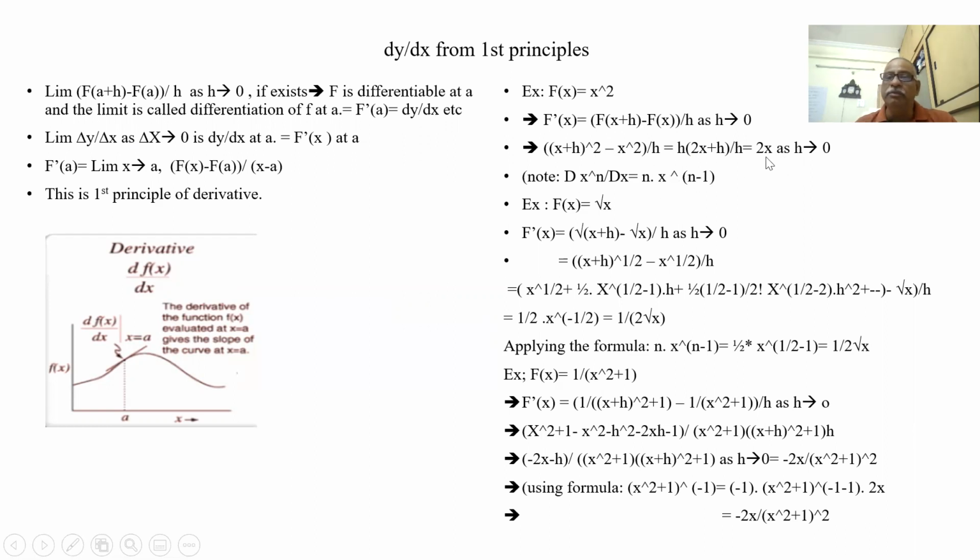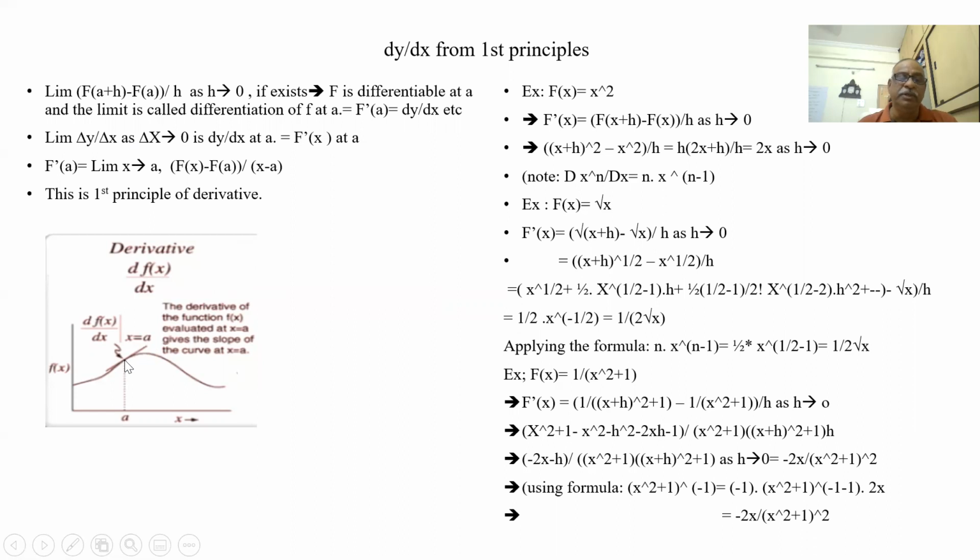What do you mean by 2x? d by dx of x square is 2x. That means at x is 1, the slope is 2. When x is 4, the slope is 8. When x is 10, the slope is 20. That means y is changing 20 times faster than x at that point.